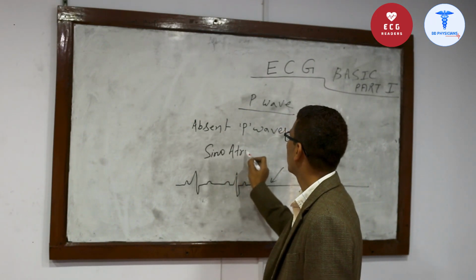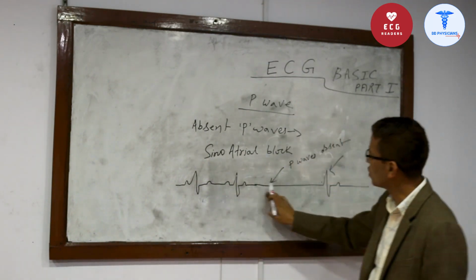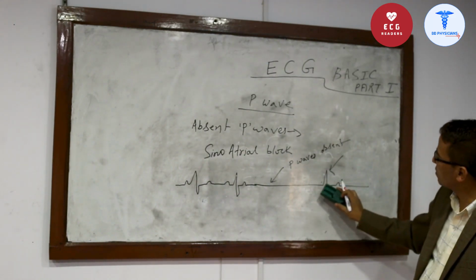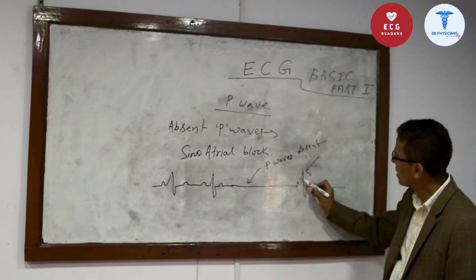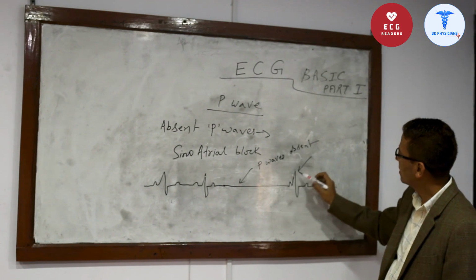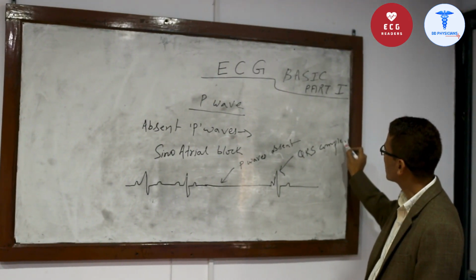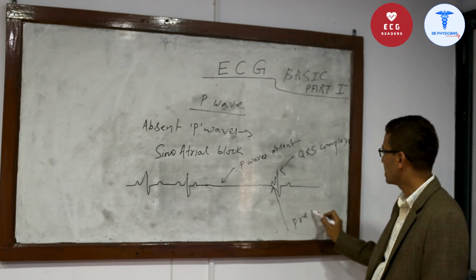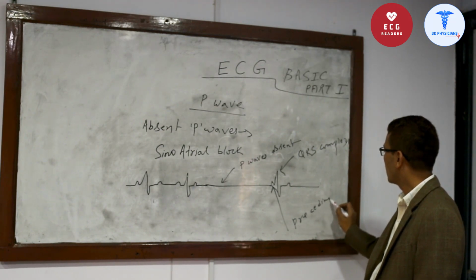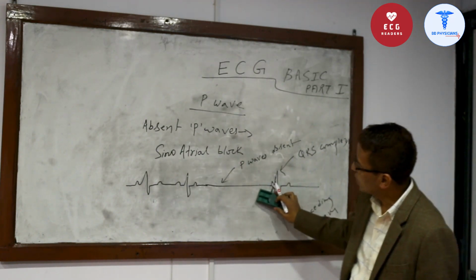Sinoatrial block: here also there is no P wave, but after some duration, a P wave and narrow QRS complex arise, and there is a preceding P wave. So this is sinoatrial block.